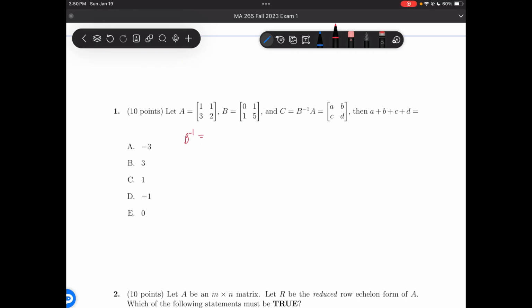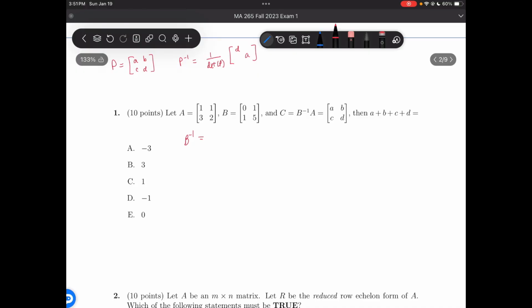So if we have some matrix P, where we have A, B, C, D, the inverse of P equals 1 over the determinant of P, times we switch the main diagonal here, and then we have negative B and negative C. So that's the general formula for the inverse of a matrix.